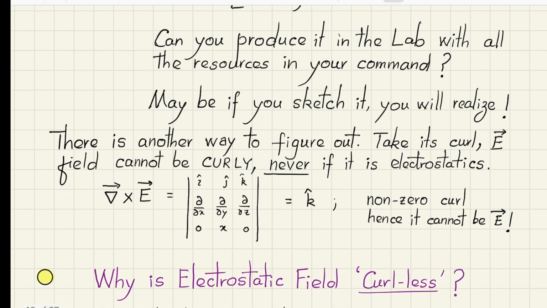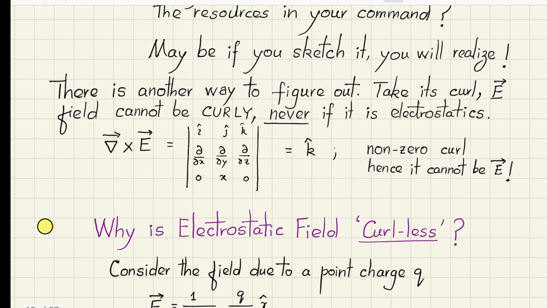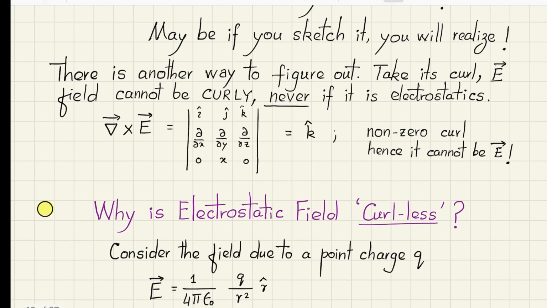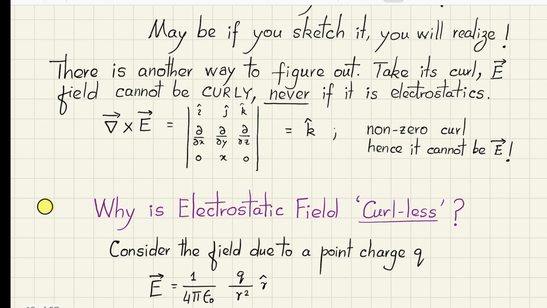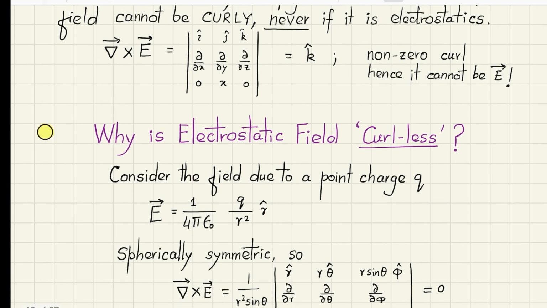Let's show that. Why is it that the electrostatic field is curlless? Let's consider the field due to a point charge: 1 by 4 pi epsilon naught, q by r square, r hat. It is spherically symmetric, so I can use the curl in spherical coordinates.